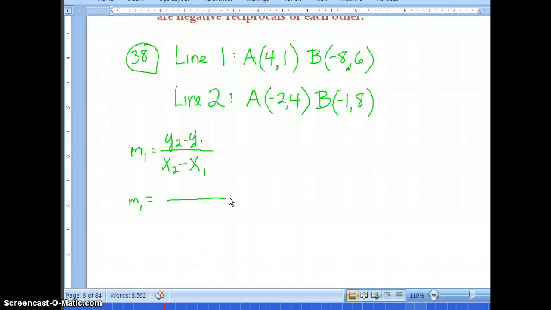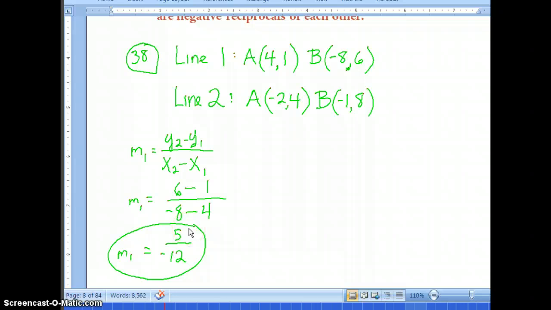So the y coordinate of B is 6 minus the y coordinate of A, which is 1. The x coordinate of B is -8 minus the x coordinate of A, which is 4. And when I clean that up a little bit, I get 5 over -12. That line is going down to the right.